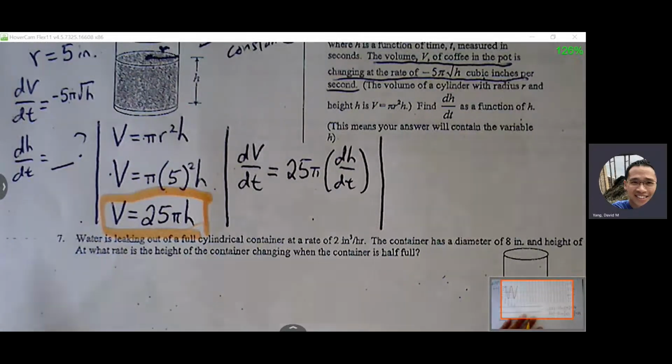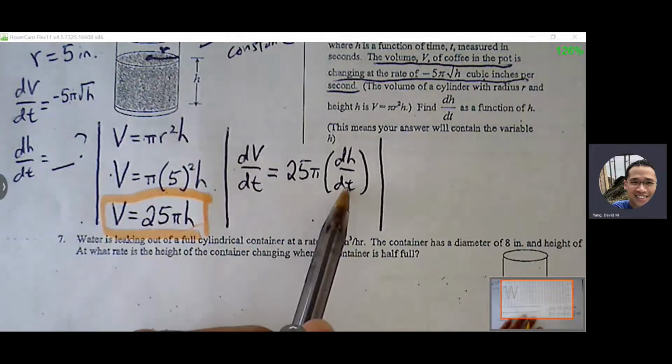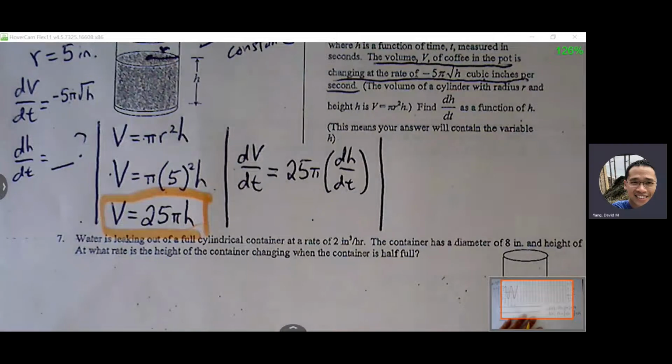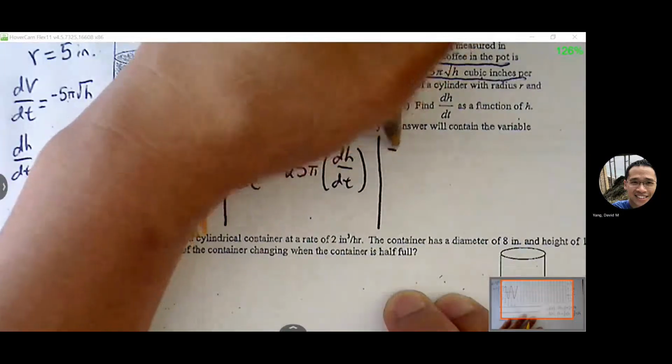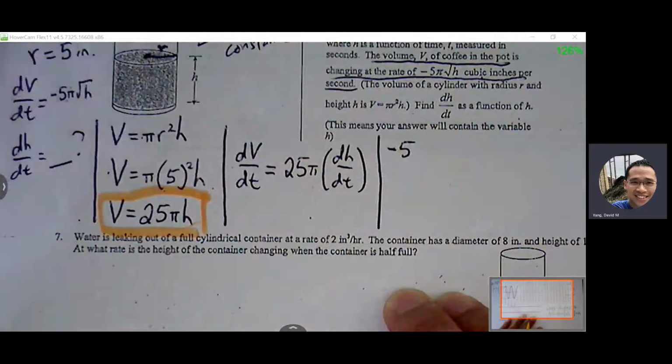Okay, we have everything that we need, right? dV dt is negative 5 pi root h. And we're looking for dh dt, so we're almost there at the answer. Right, takes half the time that cones do.